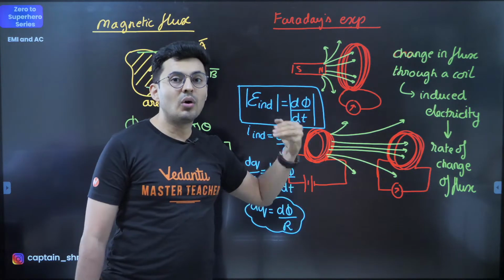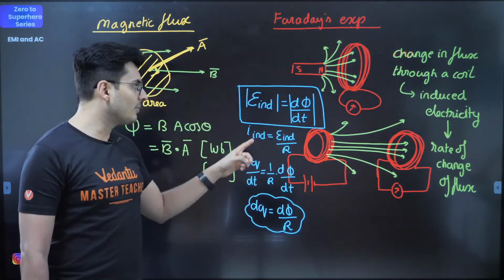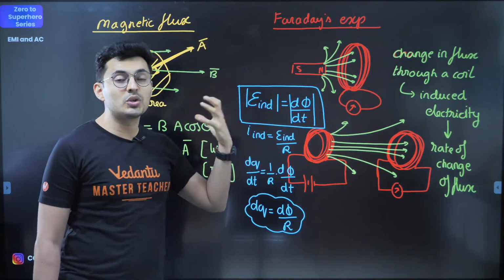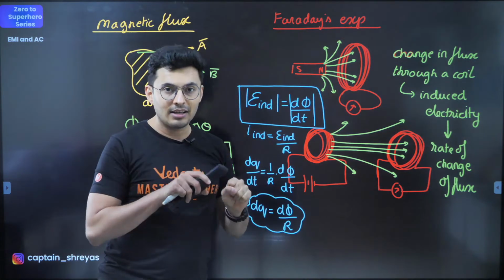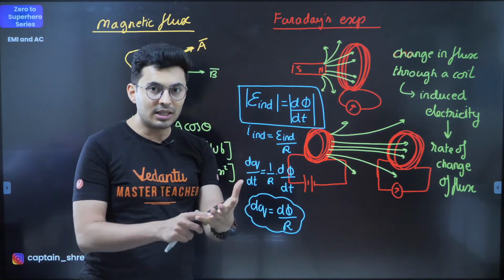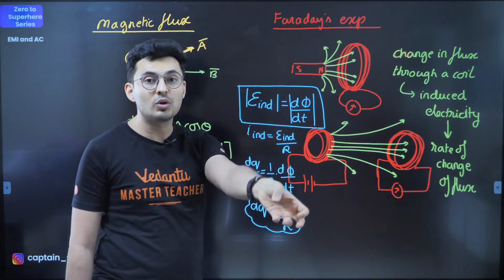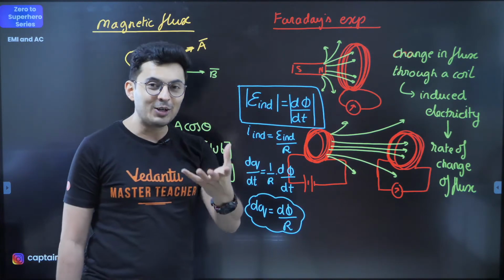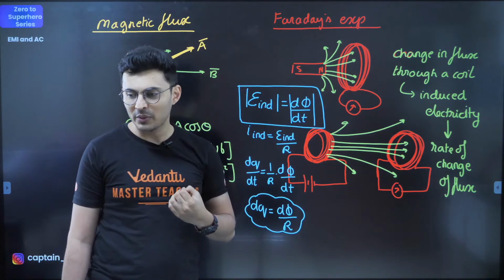So the rate of change of the magnetic flux through the coil gives you the EMF induced in the coil. Induced, as in it has been created inside it without touching anything. It's just wireless transfer. I have induced knowledge into you. I have not touched you. Wirelessly I have induced knowledge into your heads. That's what it is.